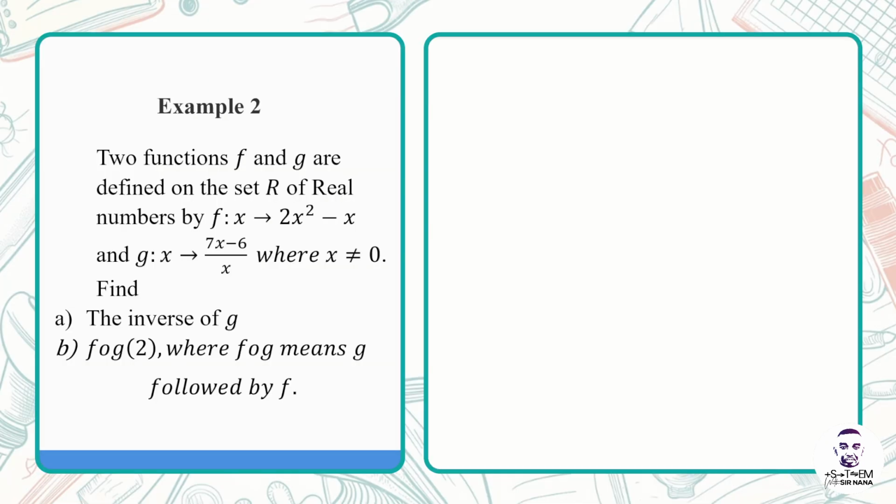So now let's look at how we can solve this question. Basically, we have been given two functions: f of x equals 2x squared minus x, and g of x equals 7x minus 6 all over x.